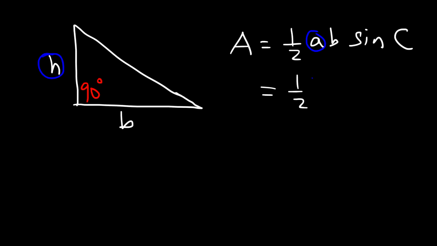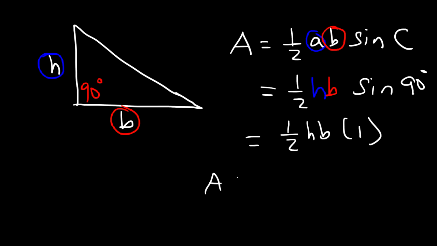So I'm going to replace A with H. And B, let's call it the base. And then we have sine of the angle, which is 90 degrees. Sine of 90 is 1.